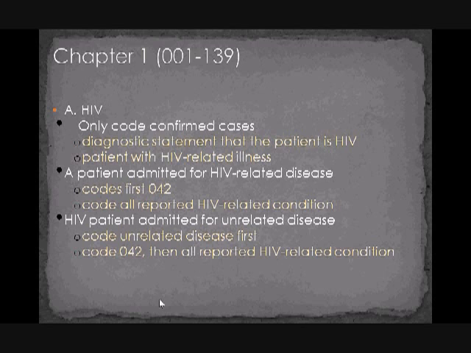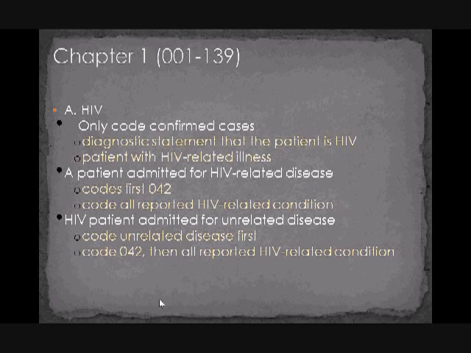Once you code the 042, you can also code any symptoms or any HIV related illnesses afterwards. So let's say for instance the person had HIV and as a result developed pneumonia, or developed Kaposi sarcoma. Then you code the pneumonia and the Kaposi sarcoma after you already code the 042.